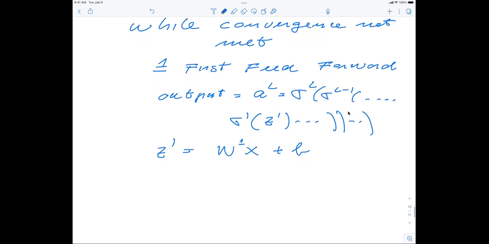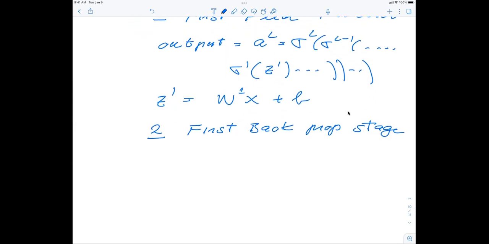Then, when we have the final output, what we do now is the first back propagation stage. And in the first back propagation stage here, we are going to repeat this till we hit the first hidden layer. So we will then repeat, we'll do this for L minus 1, we do this for L minus 2, and then we move down to the first hidden layer.